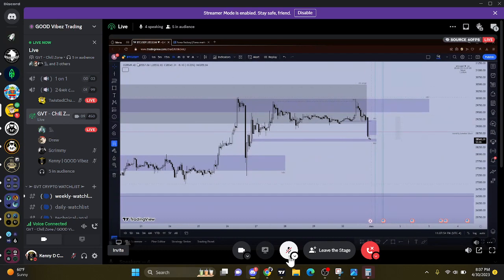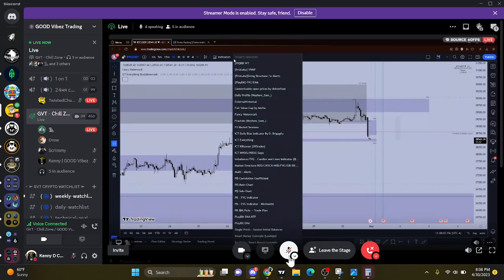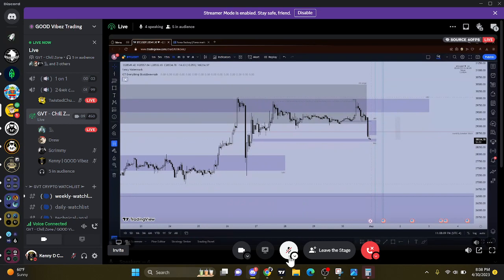I just had a fair value gap indicator, buying and selling every fair value gap. That's not even different from using the indicator.